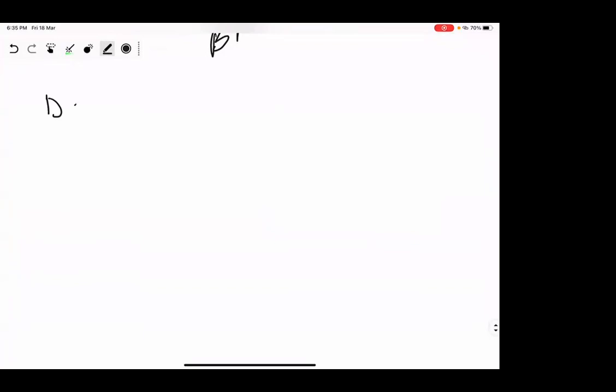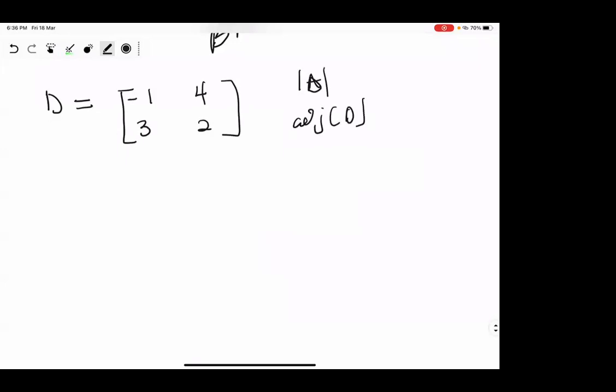So if we have matrix D equal to a simple one, -1, 4, 3, 2. To find the inverse of matrix D, we first of all need to find the determinant of matrix D, and then find the adjoint of D. Okay, so here the determinant of D is the determinant of -1, 4, 3, 2.